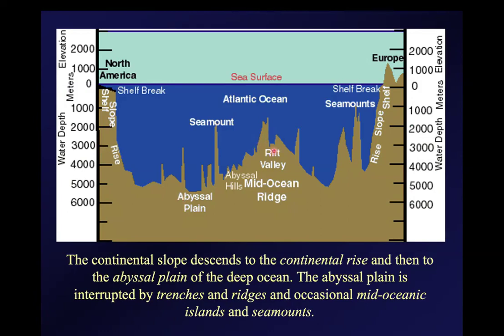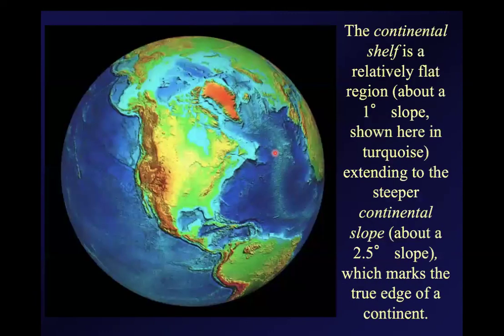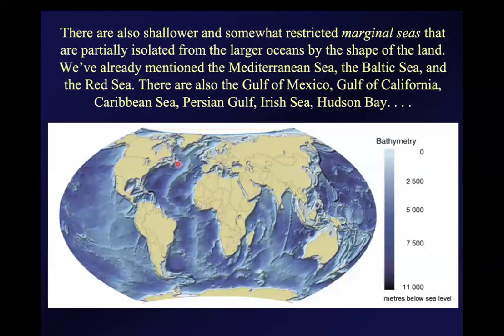And in the middle of the Atlantic Ocean, there is a buried mountain range with a cleft in the middle of it called the Mid-Atlantic Ridge. And in fact, if we go back, you can see it right there. And if we go back one more, you can see it right there. It's this curving line between North America and Europe and cutting around to between Africa and South America.